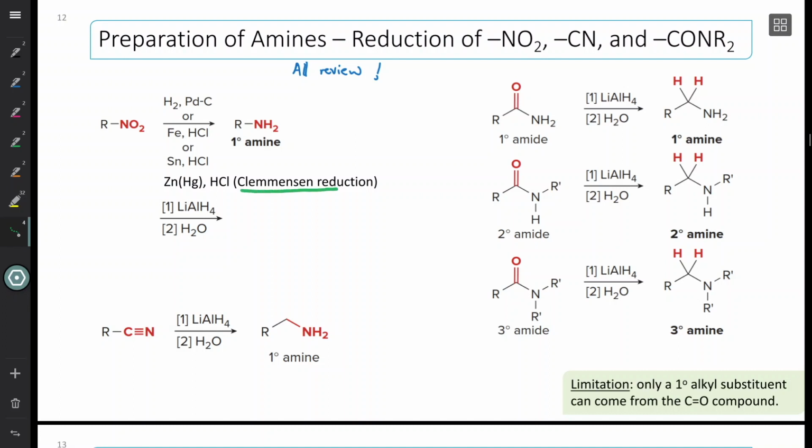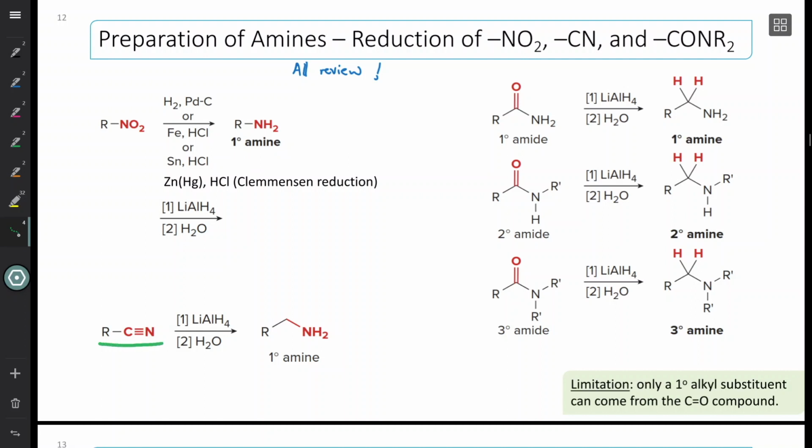Remember the Clemmensen reduction reaction? We said zinc and HCl will also reduce the NO2 to an amine. And lithium aluminum hydride will also do this. So lots of ways to go from an NO2 to a primary amine.